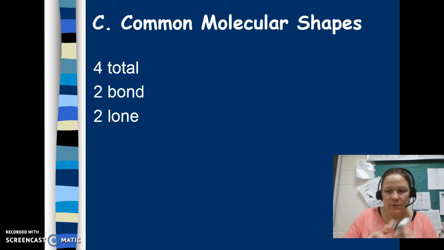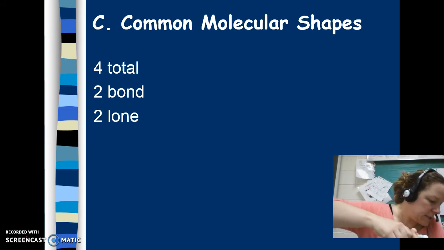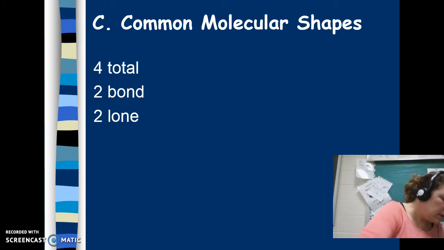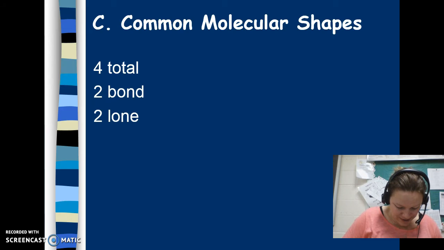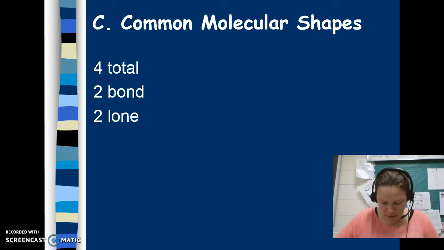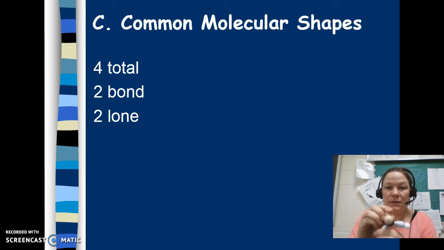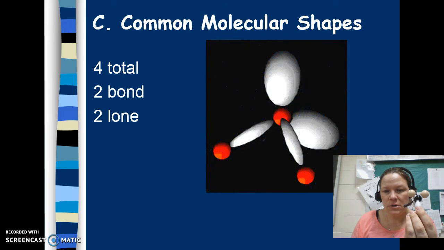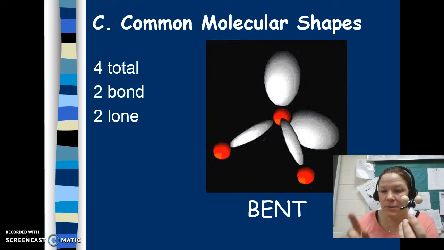Okay, the next one we've got, still 4 total things coming off of your molecule, but you're going to take off another bond and put another lone pair on there. So it would look like this from a 3D shape. Okay, so now we've got 2 bonding groups and 2 lone pairs. This is also called bent, even though we already had one that was called bent before.